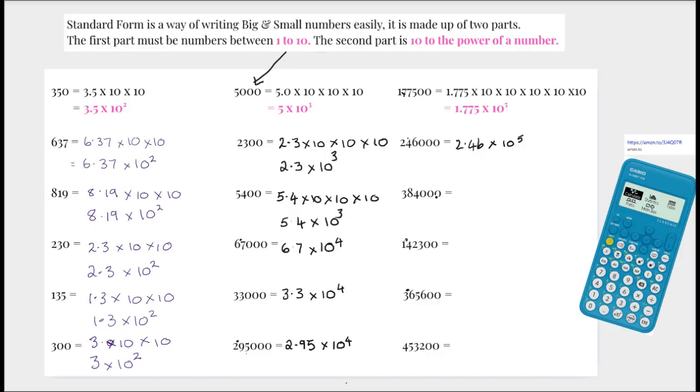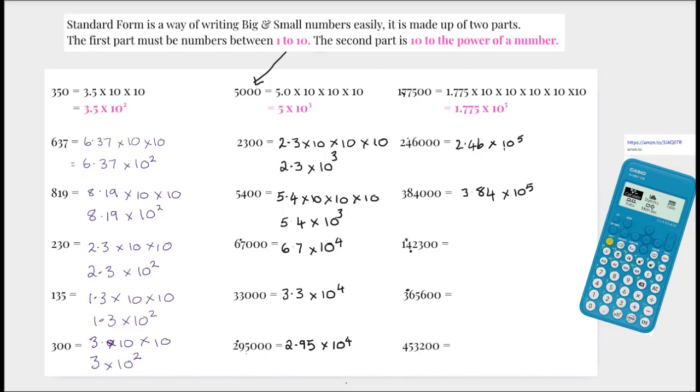Again, we've got 1, 2, 3, 4, 5. That meets our criteria. So it's 3.84 times 10 to the power of 5. I really need to get a new tracking pad because this is slow.